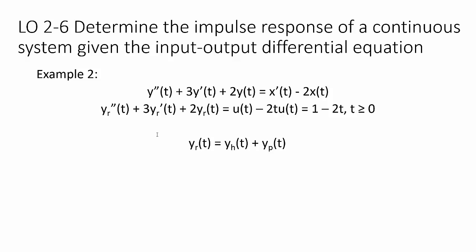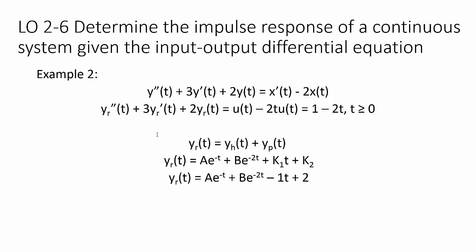Our ramp response is the sum of our homogeneous solution and our particular solution. Our homogeneous from before is a e to the minus t plus b e to the minus 2t. We said that our particular solution was going to be linear, k1t plus k2. We solved already for our k1 and k2. Now we need to find a and b. Recall that comes from our initial conditions.